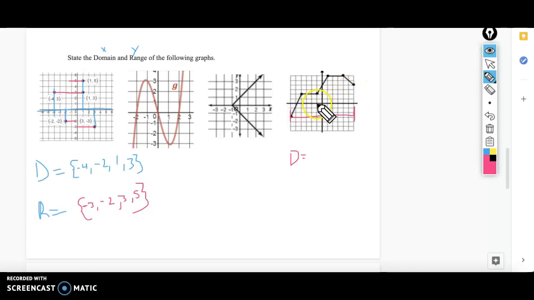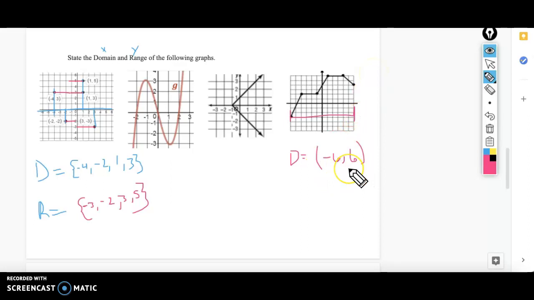So we can count that 1, 2, 3, 4, 5, 6, which is on the negative side. And it is a dot so that it is included. So we're going to say our -6. And then we're going to go through to our 1, 2, 3, 4, 5, 6, +6. So that is our domain. And again, those are parentheses because those dots are included.